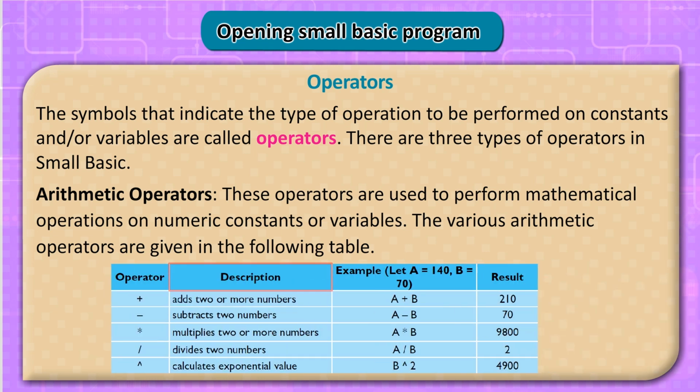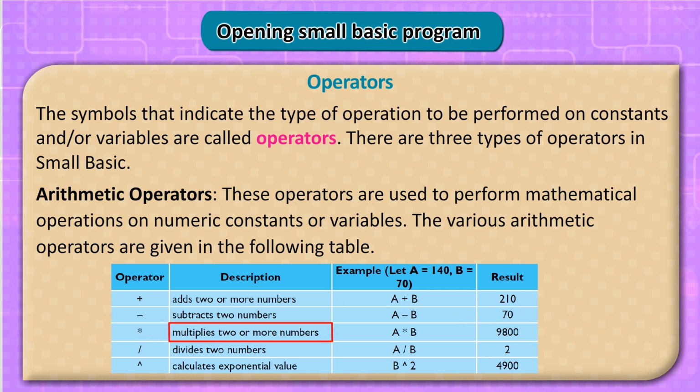Operator. Description. Example, let A equals 140, B equals 70. Result. Plus: adds two or more numbers. A plus B gives 210. Minus: subtracts two numbers. A minus B gives 70.